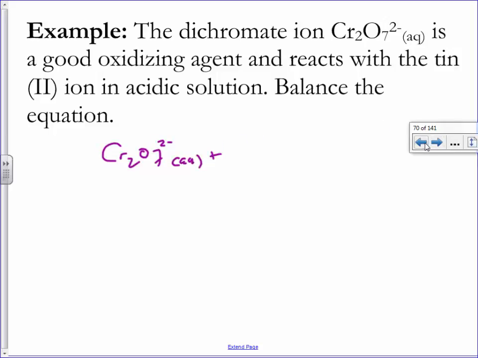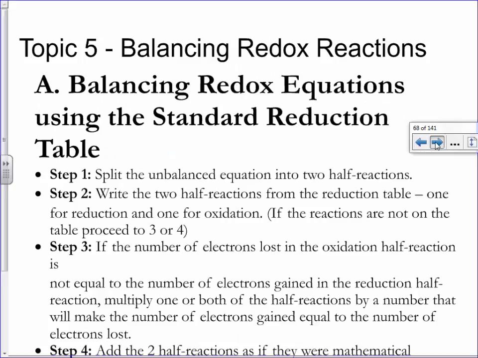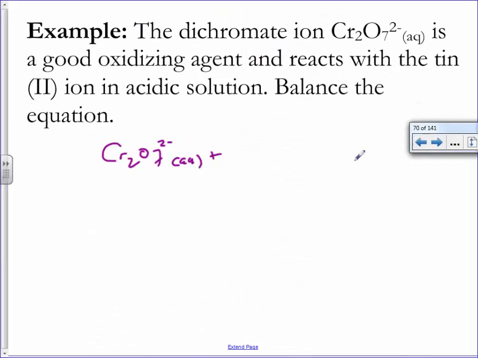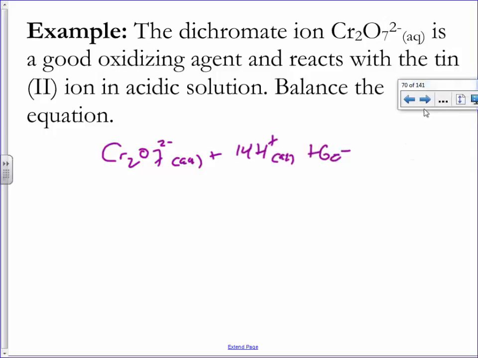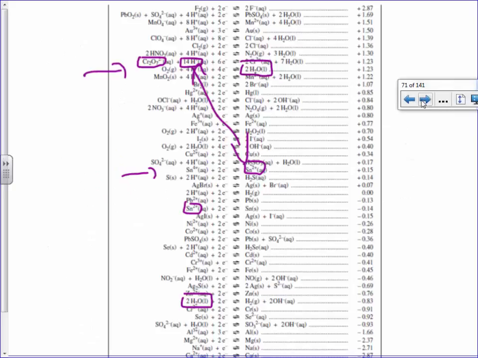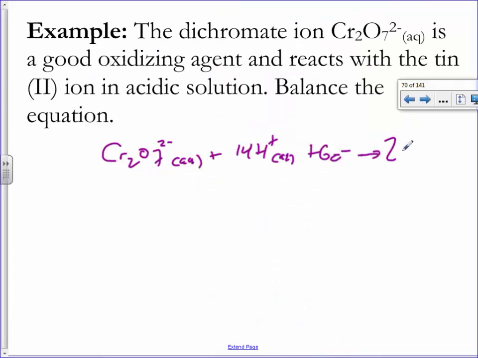Then it was, what, 14 hydrogens? Where is it? 14 hydrogens. 6 electrons. And it makes 2 chromium 3+ ions.